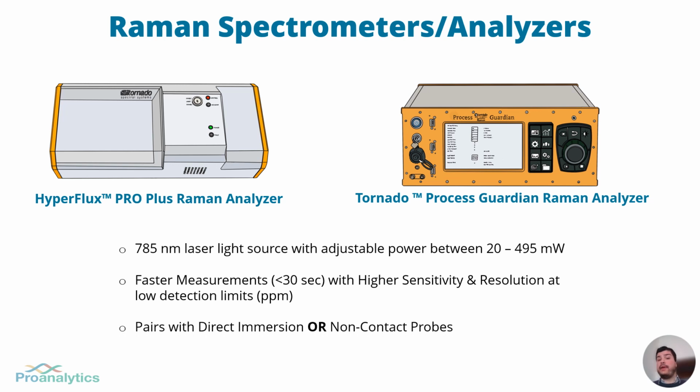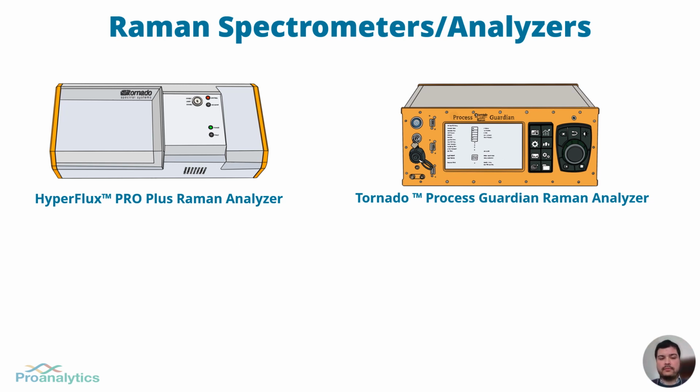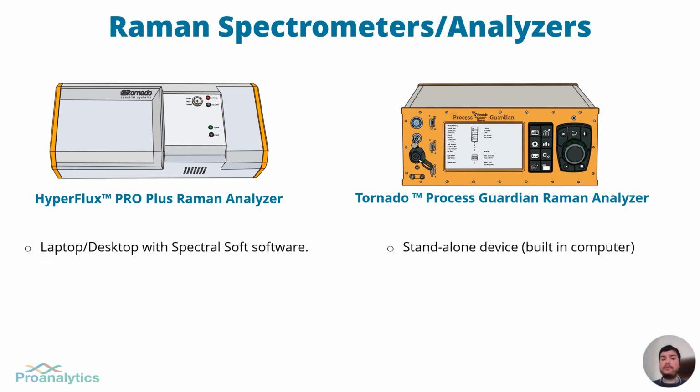And both of them pair directly with immersion probes or non-contact probes. Now let's talk about the differences. HyperFlux Pro Plus works with a laptop or desktop with the SpectralSoft software, whereas Process Guardian on the right works as a standalone device with a built-in computer.